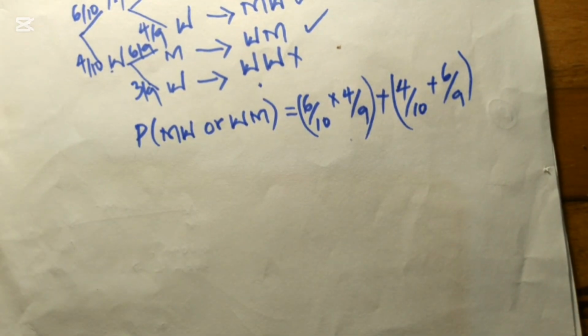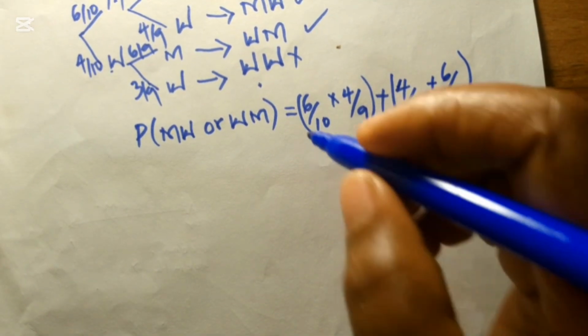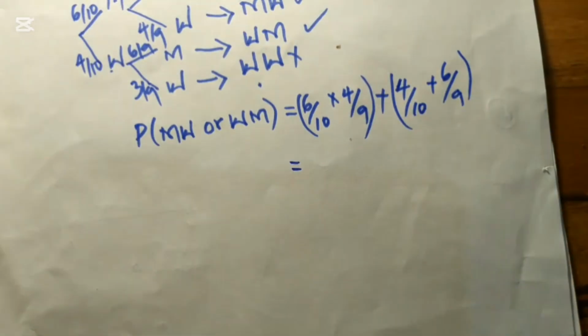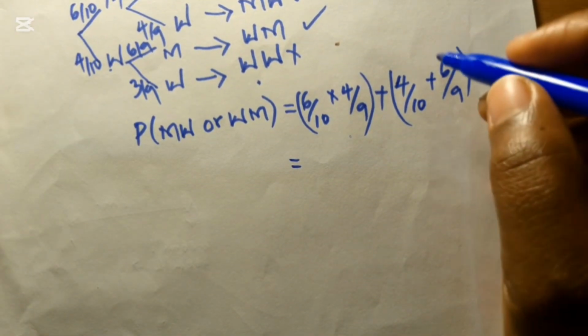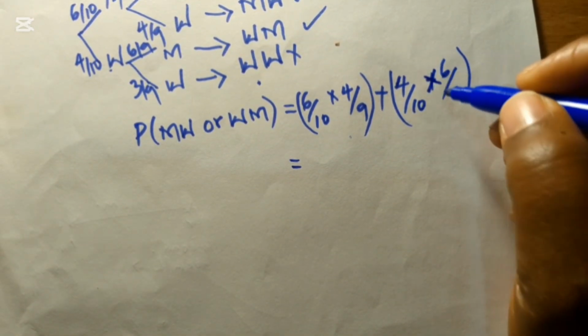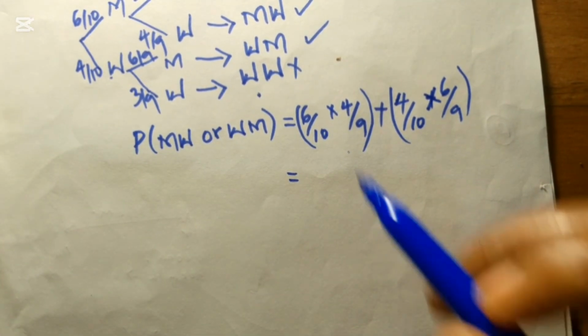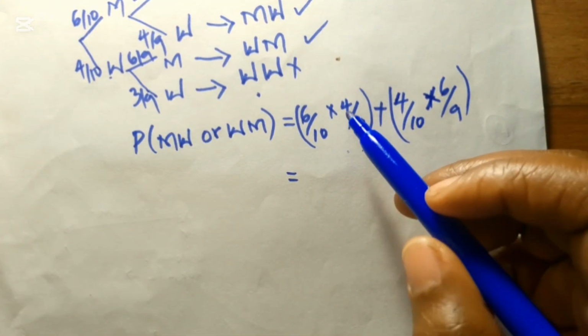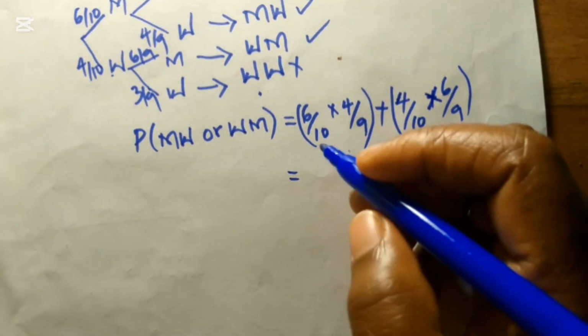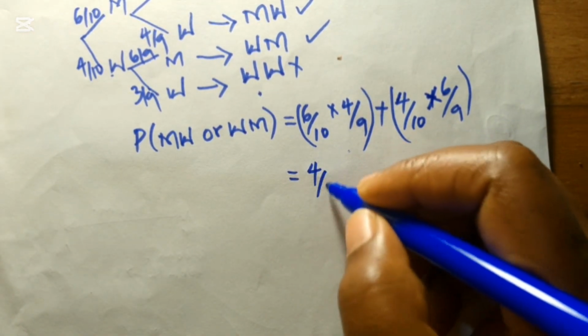Yes. Oh, sorry, this is times because of and. Sorry for that. So 6 over 10 times 4 over 9 is 4 over 15.